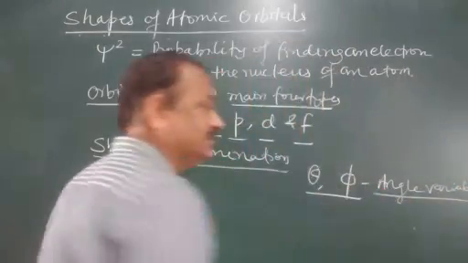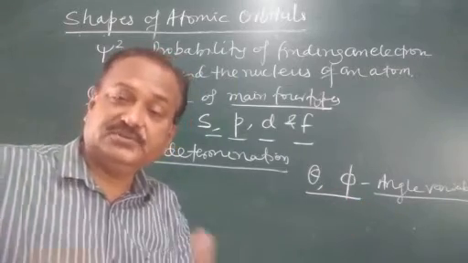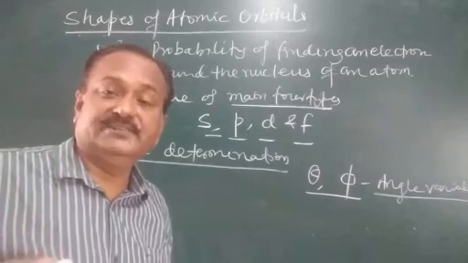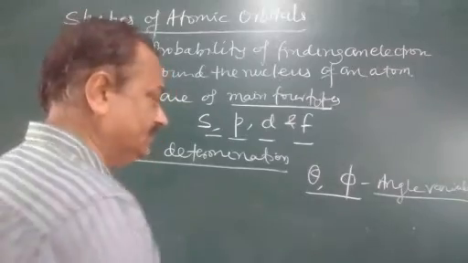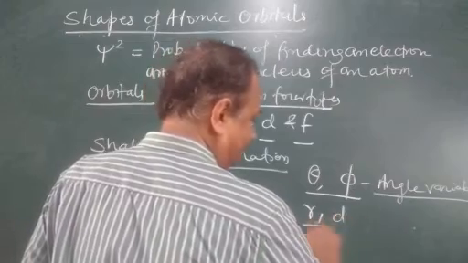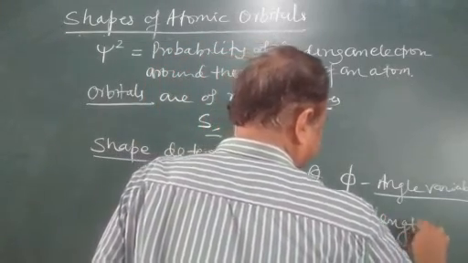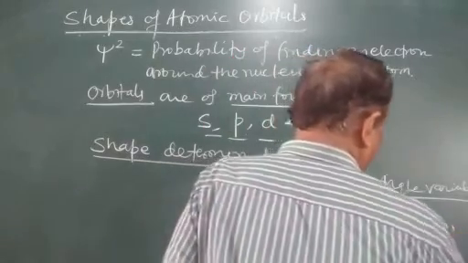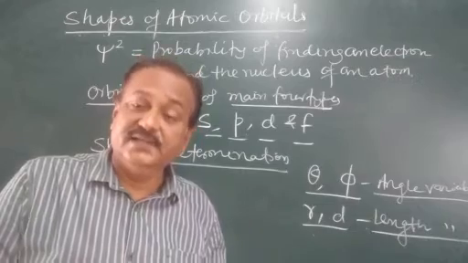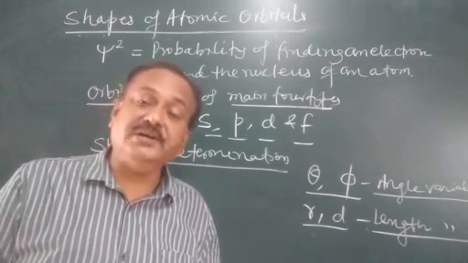They are called as angle variables. You know, theta and phi, they are angle variables. So there is the relation with the angles. Similarly, children, we have the radius, we have distance. They are the length variables, and they enable us to know about the shape of an orbital.